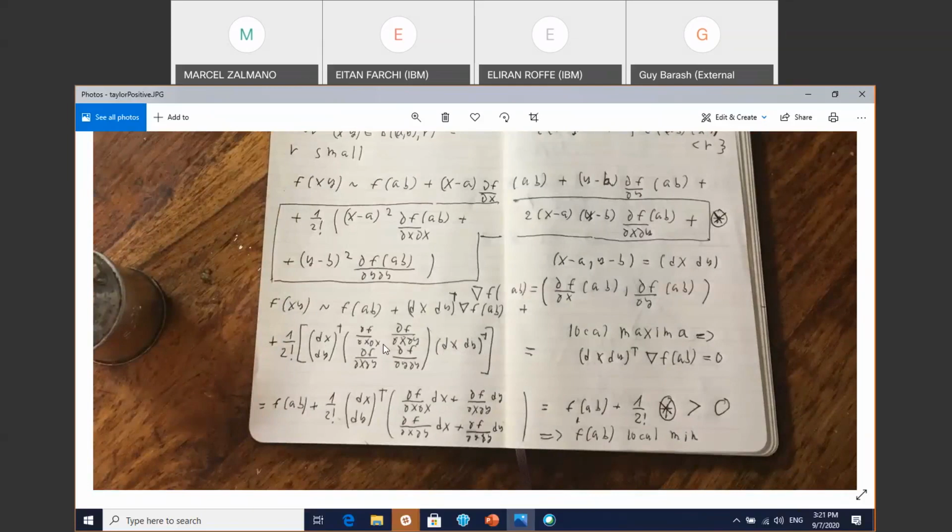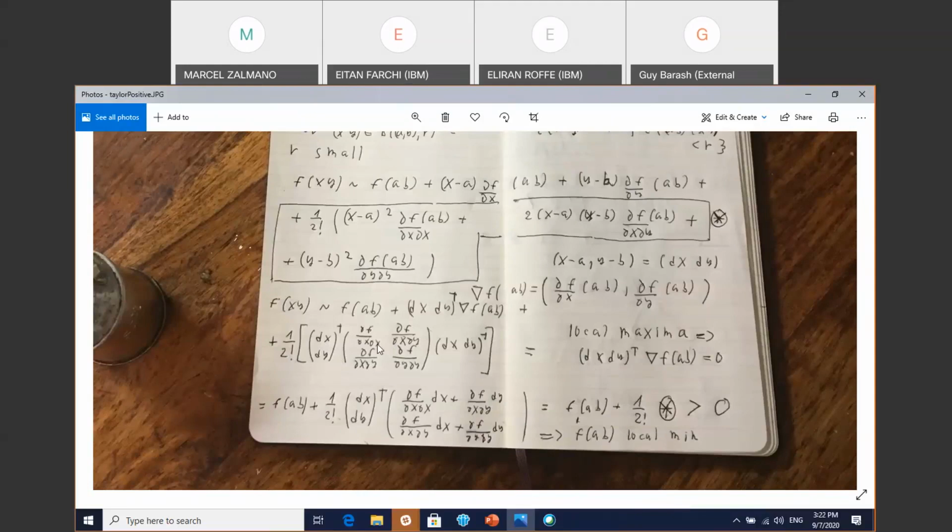So I can reorder this and then I get dx squared and the second derivative over 2 factorial. And I still want it to be bigger than 0 for it to be a local minima, right? So what do I require on the second derivative? It's going to be bigger than 0, right?